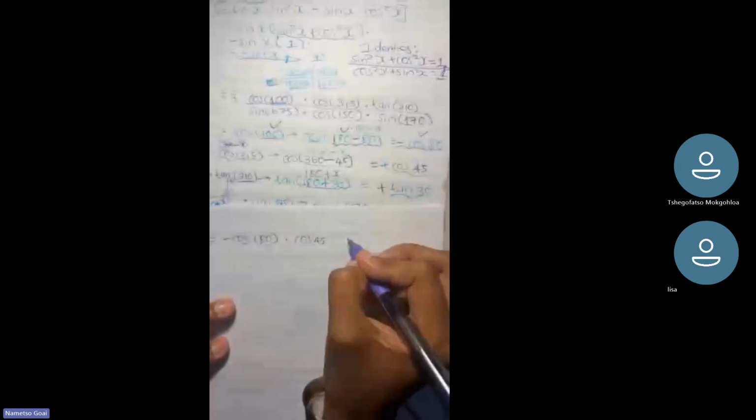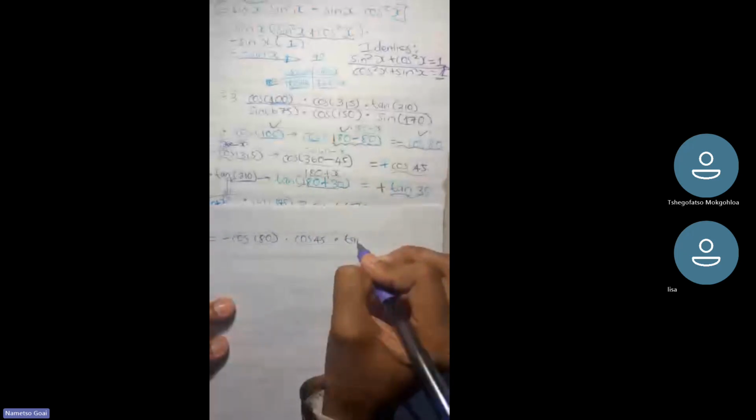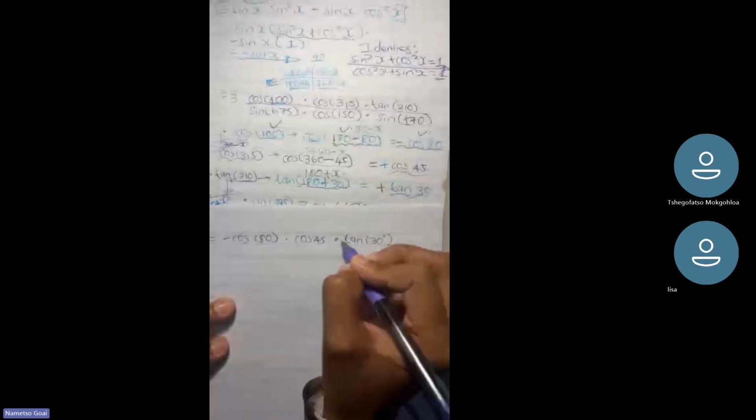So for cos 100, we got that it will just be, let me quickly do the substitutions, minus cos of 80 multiplied by cos of 45 multiplied by tan of 30 degrees.